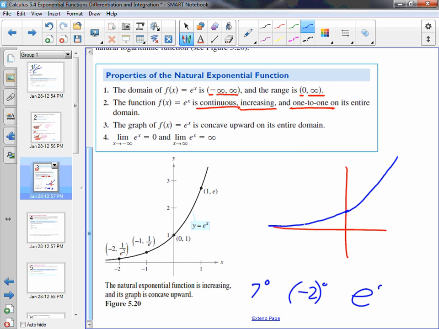So what's e to the 0 equal? 1. So when x equals 0, y equals 1. And that's where it crosses the y-axis. Okay? So remember that point, that when x equals 0, y equals 1. Remember that as x approaches negative infinity, y equals 0 is a horizontal asymptote. Remember that as x approaches infinity, so does y.